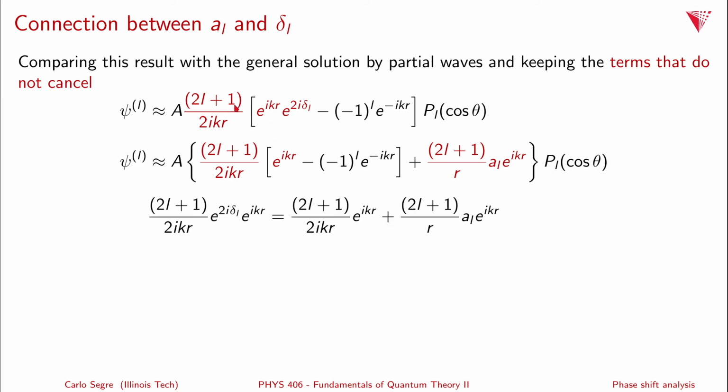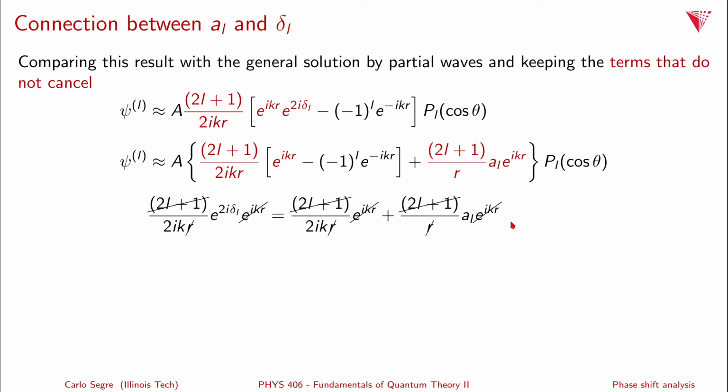And so from the phase shift analysis, you get (2L plus 1) over 2IKR, e to the 2I delta sub L, e to the IKR. And from the partial wave analysis, you get (2L plus 1) over 2IKR, e to the IKR from this first term, and then (2L plus 1) over r, A sub L, e to the IKR from the second term.